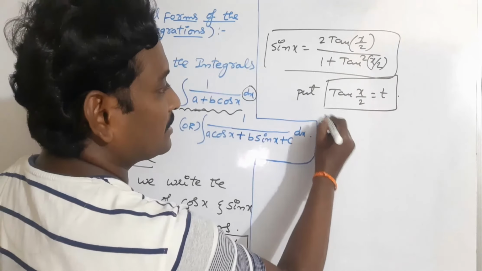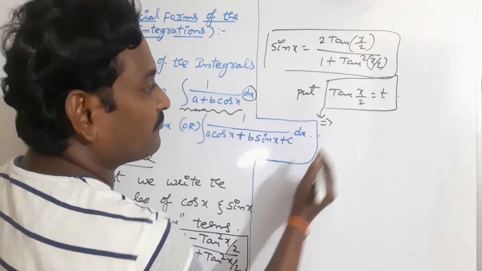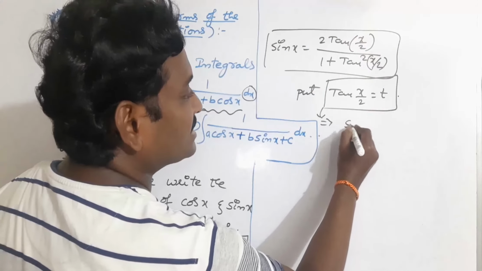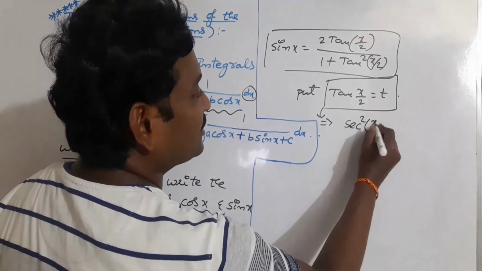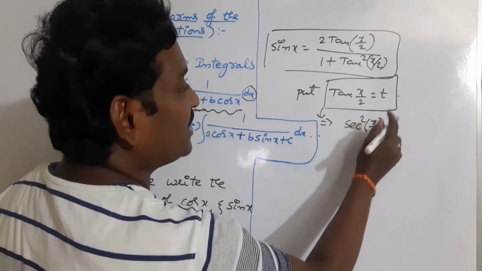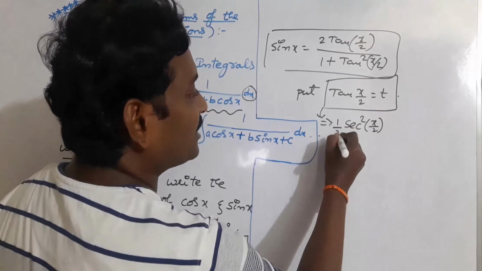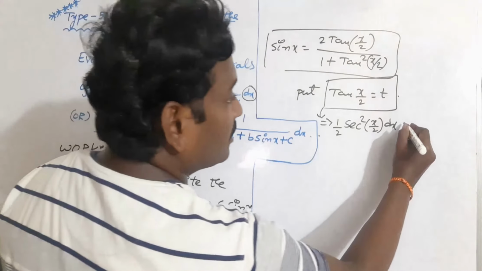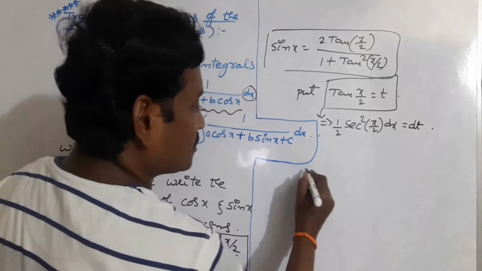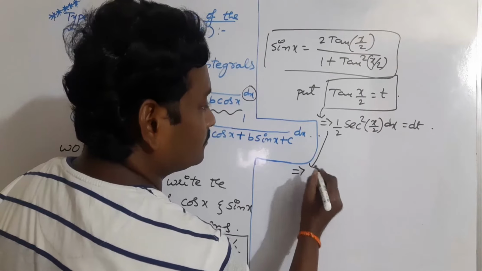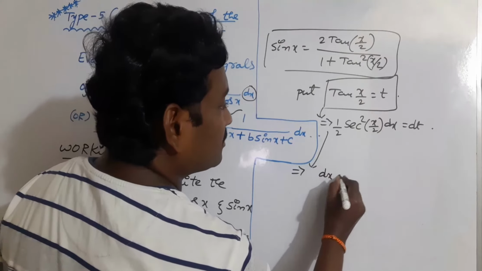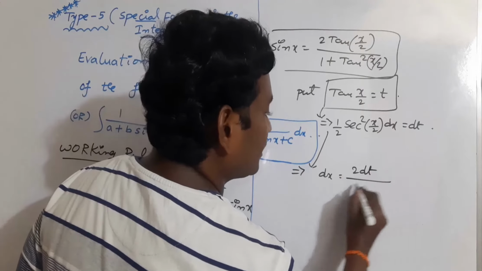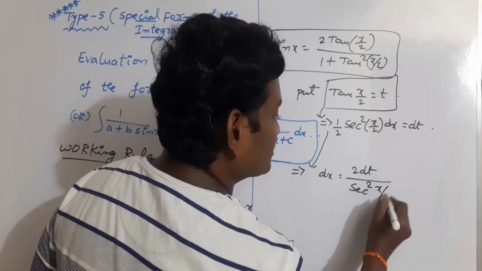For this purpose, find the derivative of tan x by 2. Everybody knows that the derivative of tan x by 2 is secant square of x by 2. Again, the derivative of the internal term x by 2 is 1 by 2 and the derivative of x is dx, which is equal to dt. So from this, what is the dx value? Take this 2 to the numerator, so you should get 2 dt by secant square of x by 2.